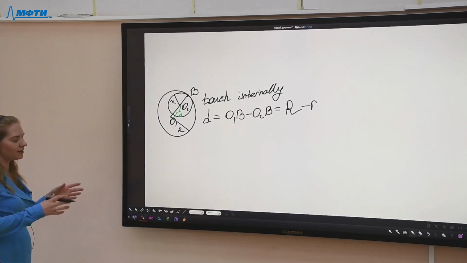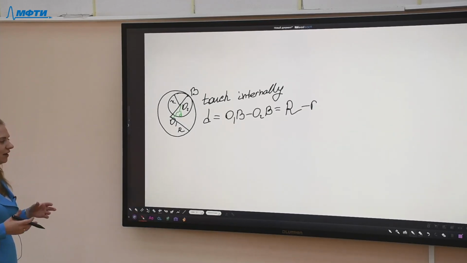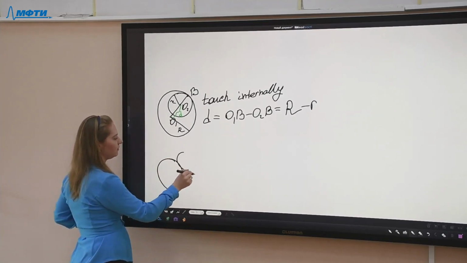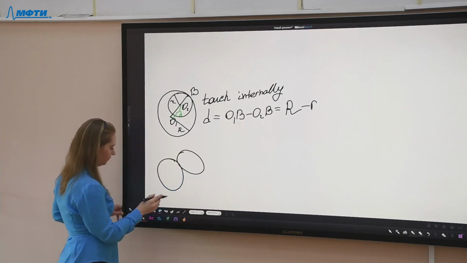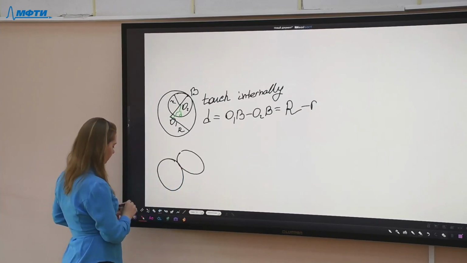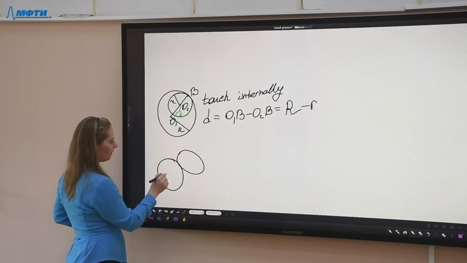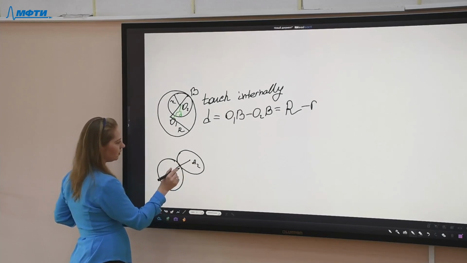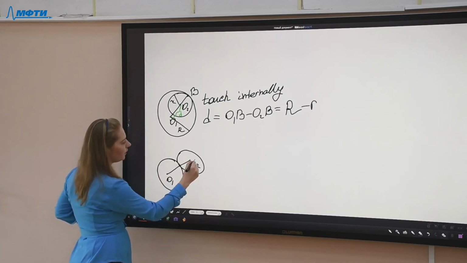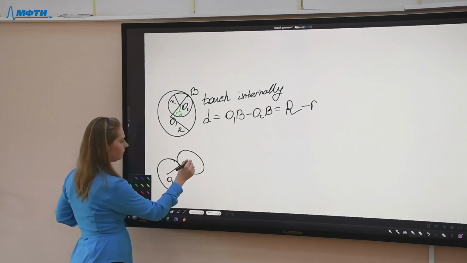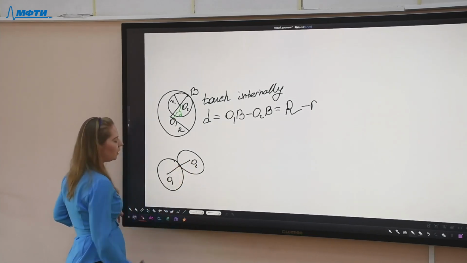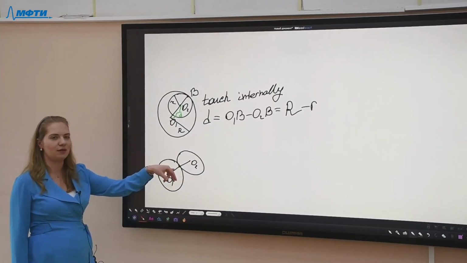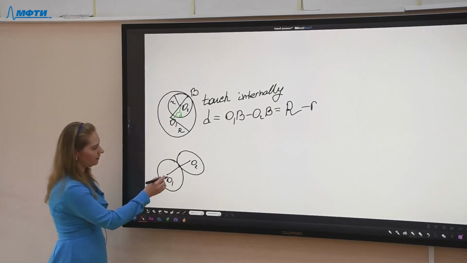And if we consider another situation when they touch each other externally, here and here, this is O1 and O2, and again if we join the two centers, we can be sure that this line passes through the point where they touch each other, point B, for example.